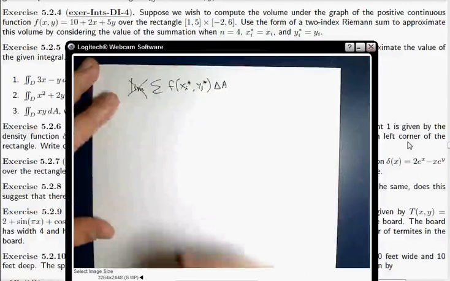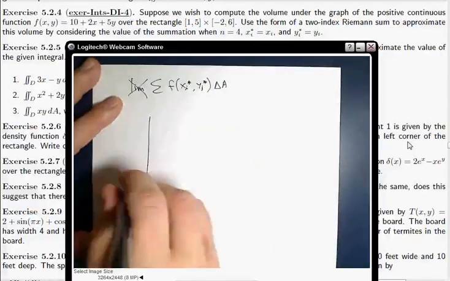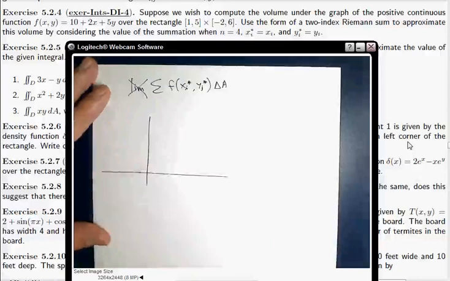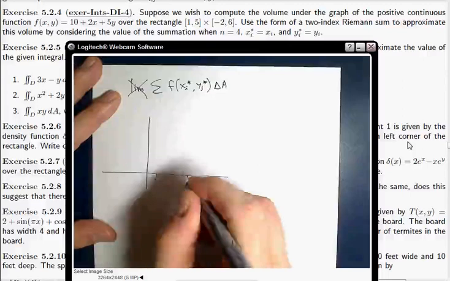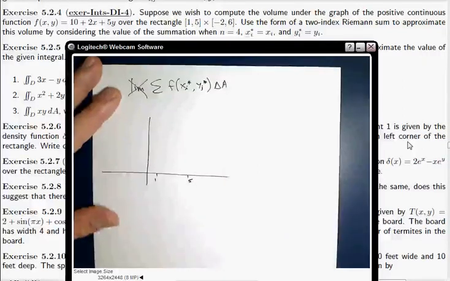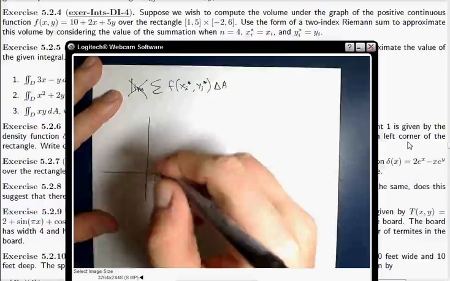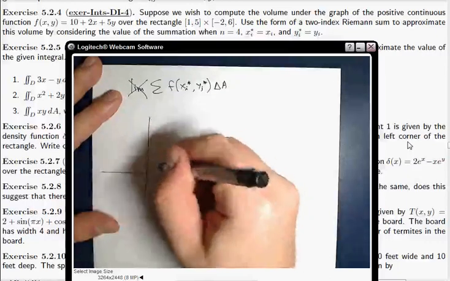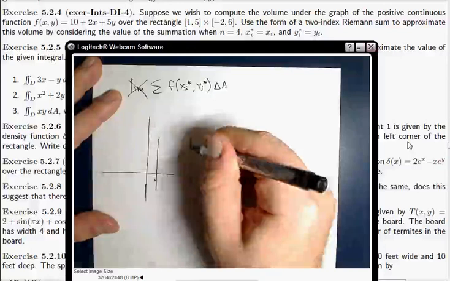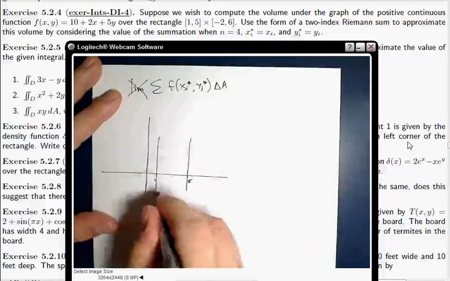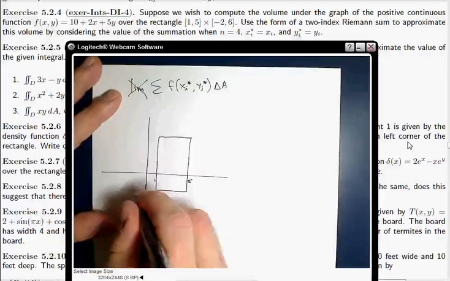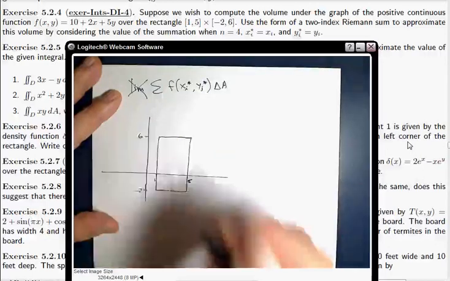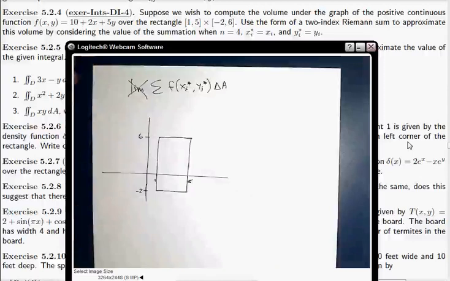So let me draw a picture of the domain. X goes from 1 to 5, and y goes from -2 to 6. So my rectangle is like this. So that's -2 and that's 6. I'm going to chop that up into pieces with n equal to 4.